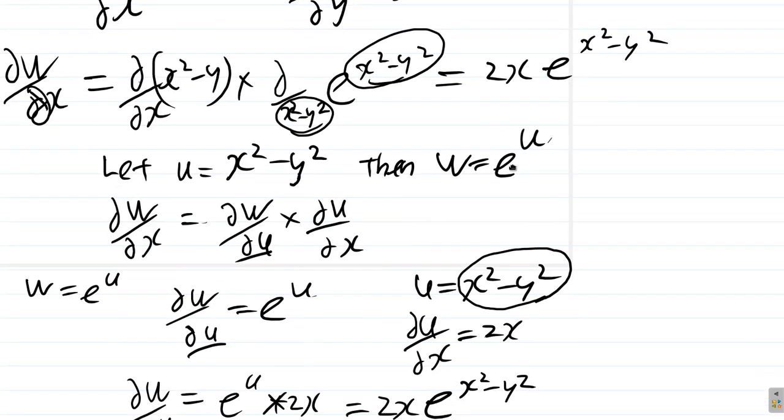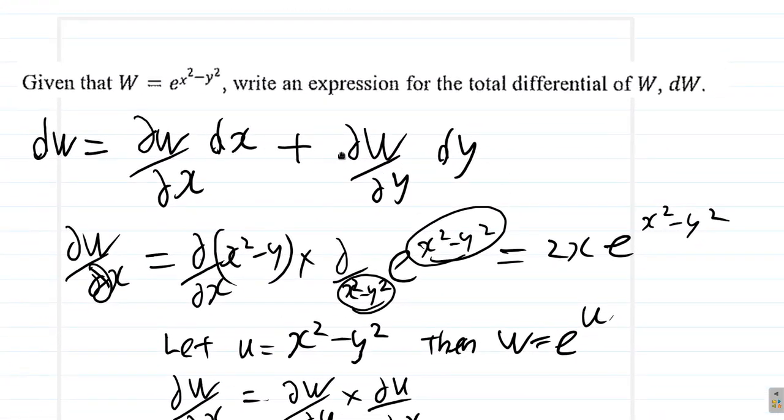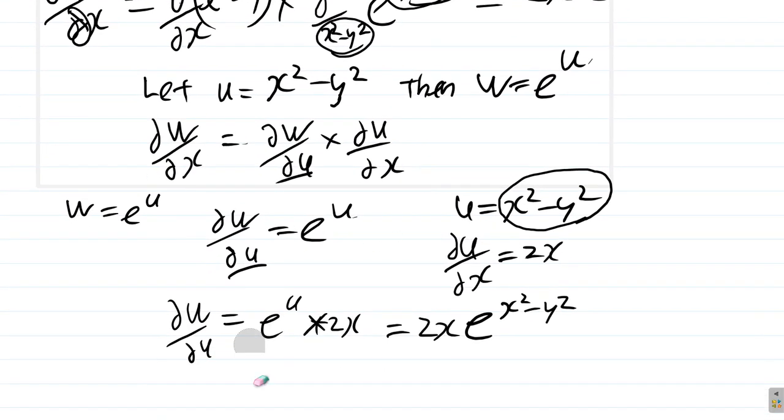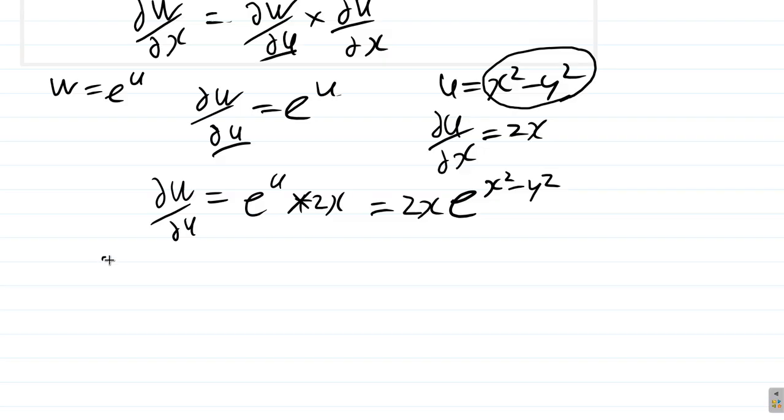So this was just a revision of using the chain rule. Okay, so let's go back to where we were. You used the chain rule and you found that partial w by partial x is 2x e to the x squared minus y squared.